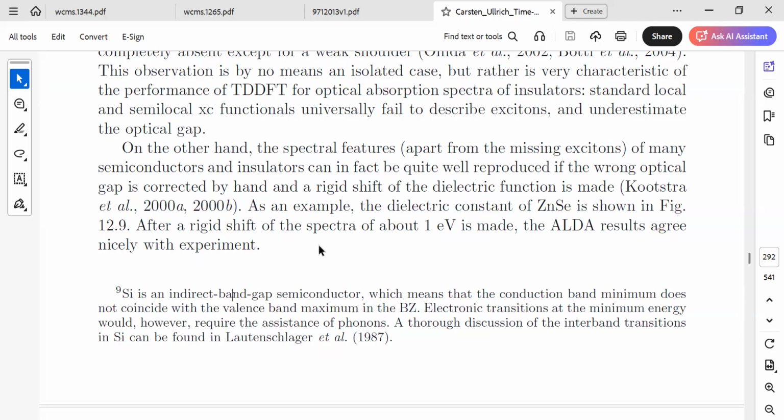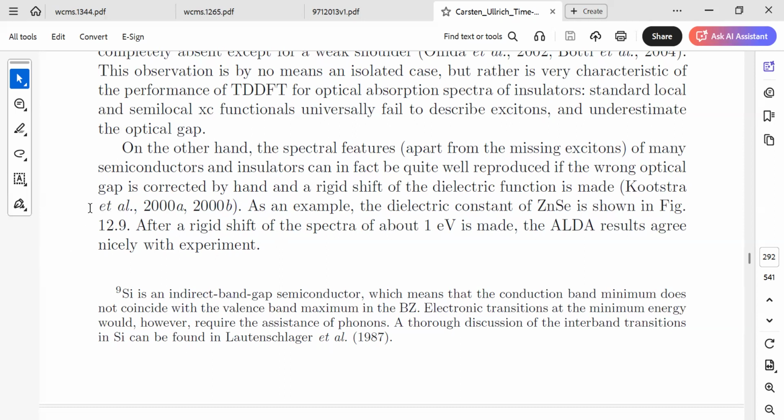For example, if the band gap of silicon is found to be 1.6 electron volt by DFT, and we know that it is actually 2.6 electron volt, then we will not use the value of 1.6 electron volt, but instead we will use the value of 2.6 electron volt, by adding 1 electron volt ourselves. Due to this use of a band gap corrected by hand, a rigid shift of the dielectric function is made.